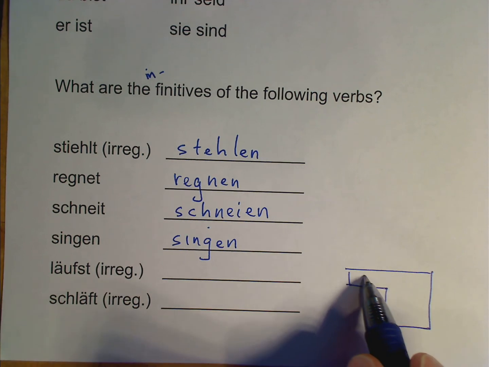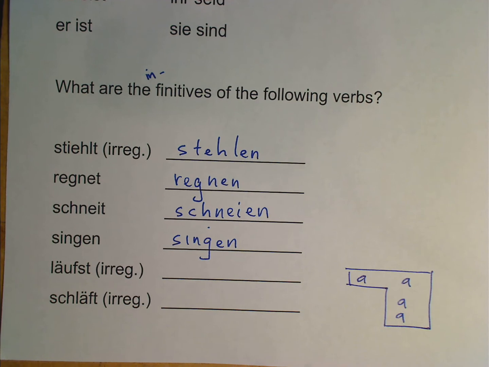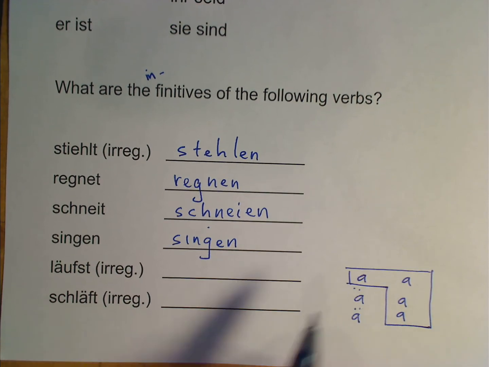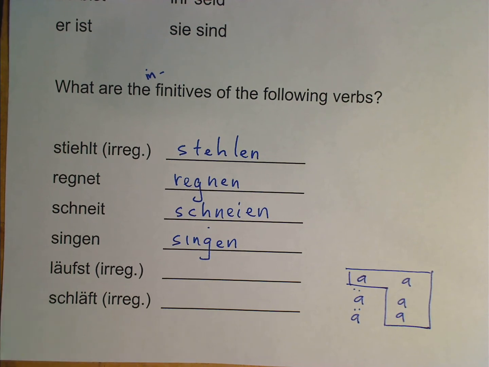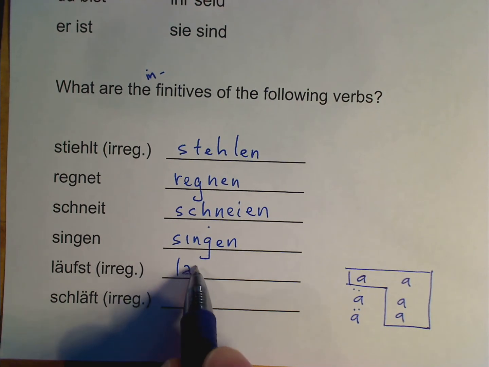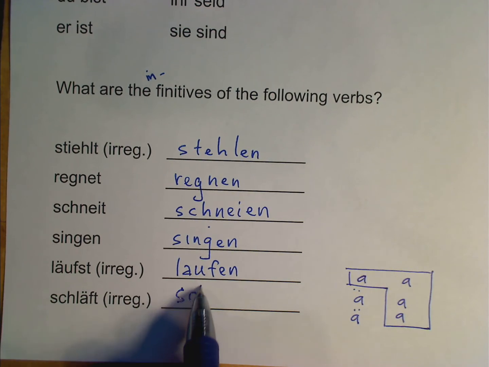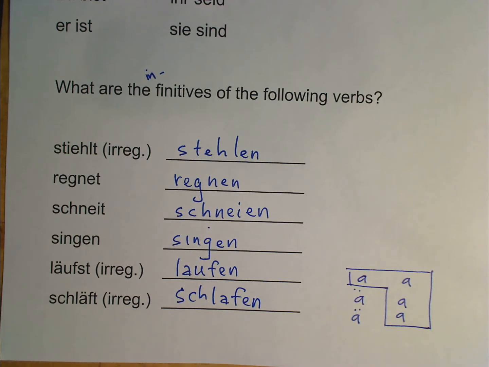And if that verb happens to have an A in it, the only thing that makes it irregular is that the A gets an umlaut. So here we see verbs that are irregular and have an umlaut, so that means that their unconjugated form will have no umlaut. Schlafen, laufen.